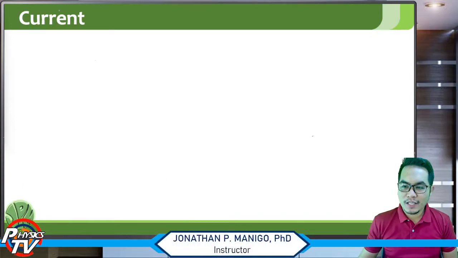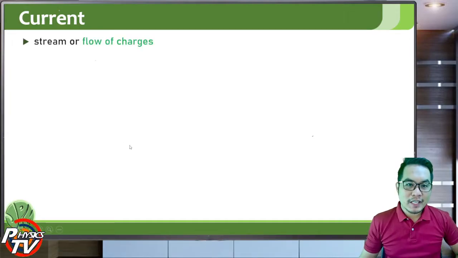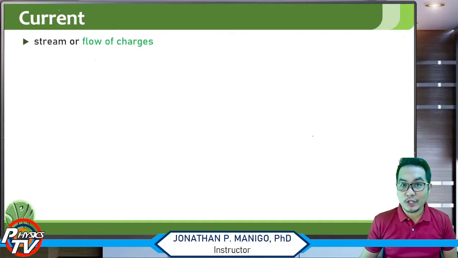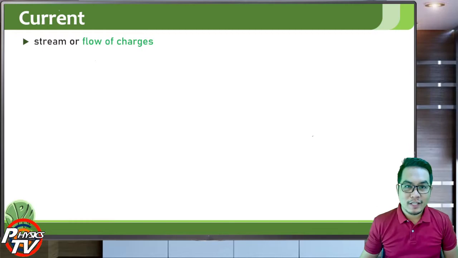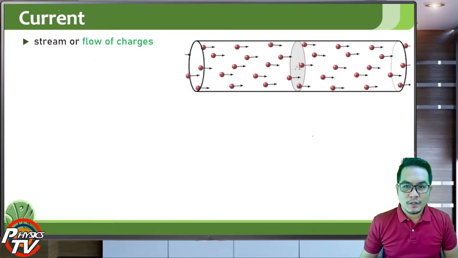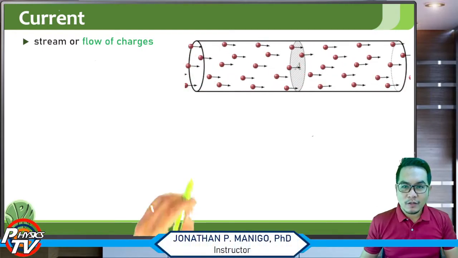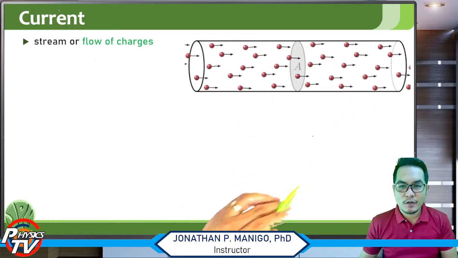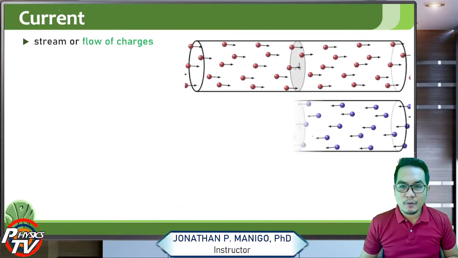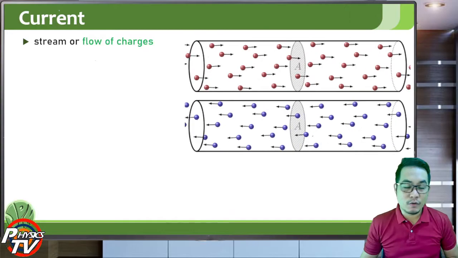So what is current? So current is basically the stream or the flow of charges, or basically a moving charge. So if you have a moving charge, then you can call that a current. So it can be a movement of positive charges, or it can be a motion of negative charges, or both.